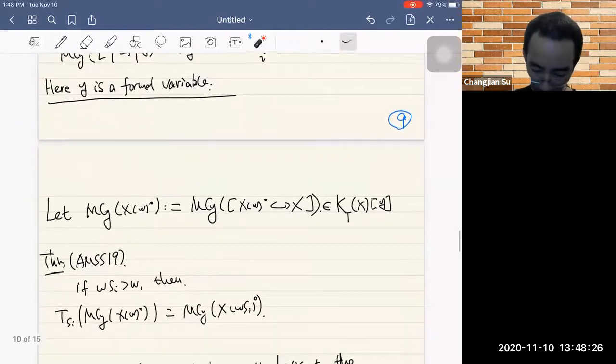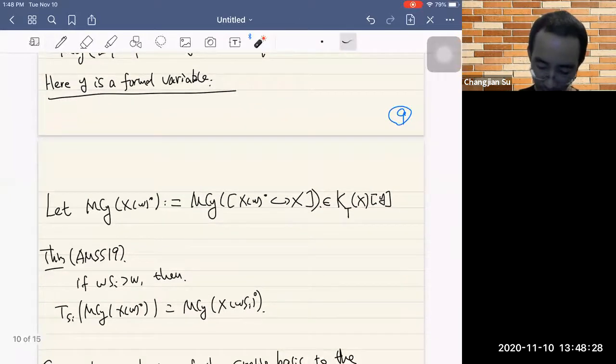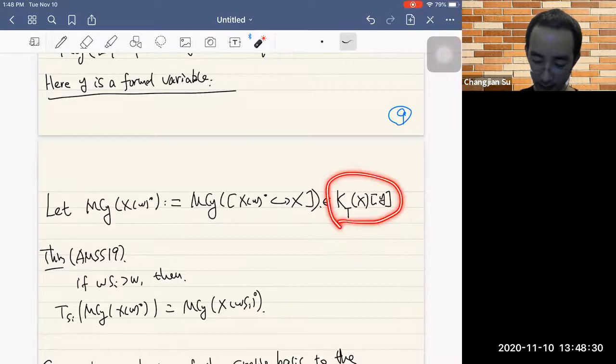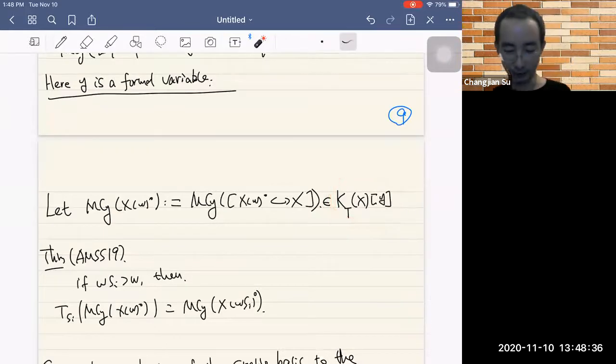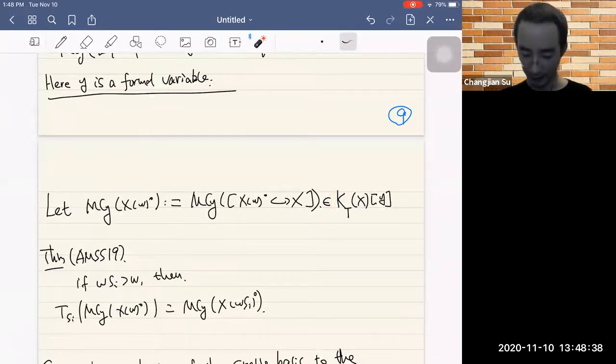So again, this will have the action of the affine Hecke algebra by convolution, using this result of Kashiwara-Lusztig and Ginzburg. And this action is computed here.